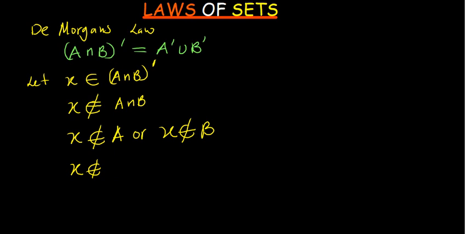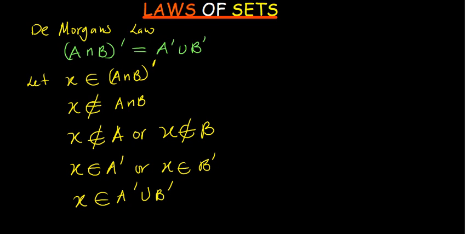So X is a member of A complement, or X is a member of B complement. This means that X is a member of A complement union B complement. So this shows the left hand side we started with, A intersection B complement, is a subset of A complement union B complement. Any question here?